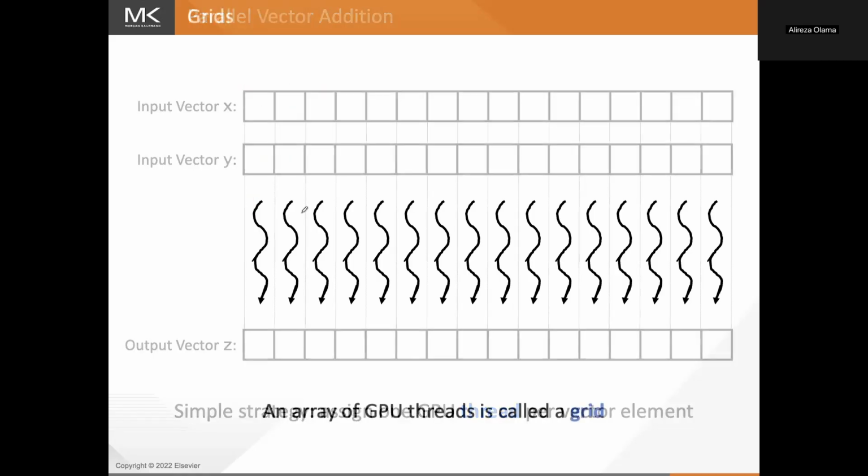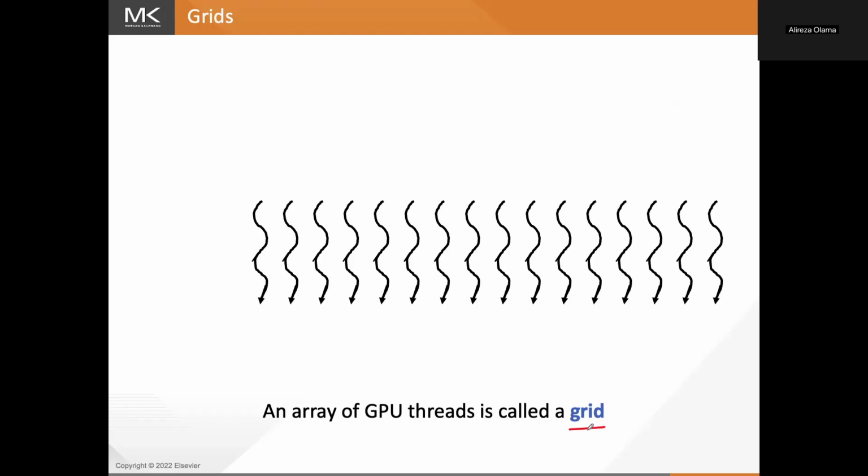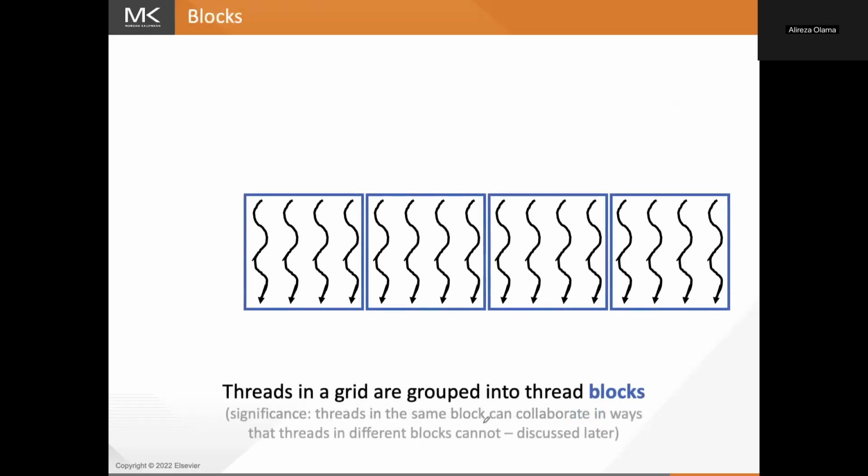This array of threads is called a grid in CUDA, and the grid is grouped into something called blocks. So when you launch a grid, you are launching a grid of blocks, and each block has some threads in it. For example, here we have a grid of 4 thread blocks, and each thread block contains 4 threads, okay?